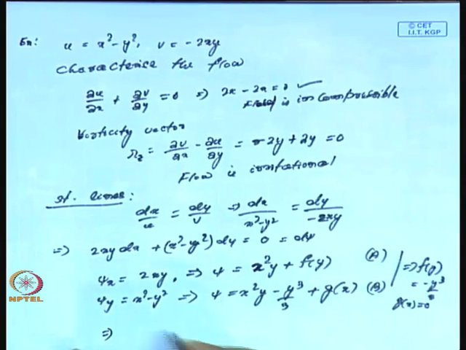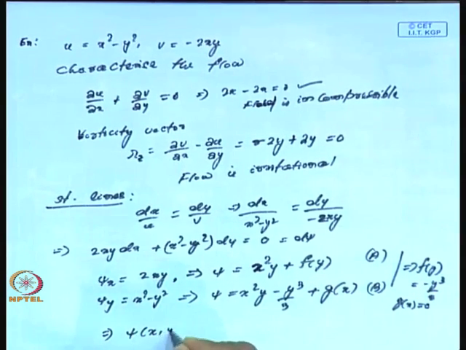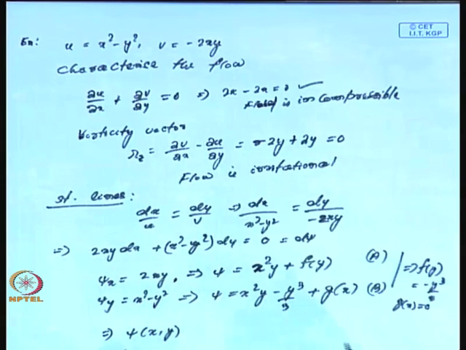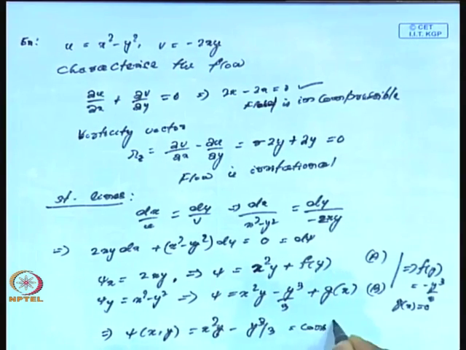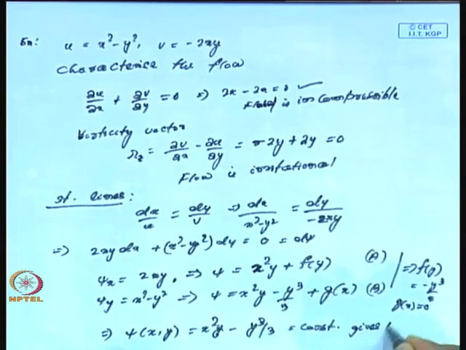This implies my psi x y is x square y minus y cube by 3, and if psi x y is constant, that gives us the streamlines. These are the streamlines.